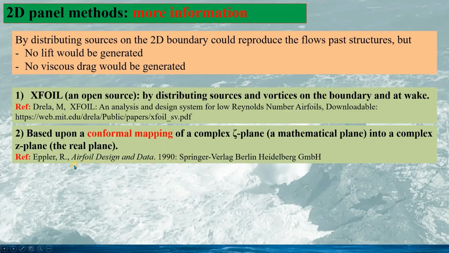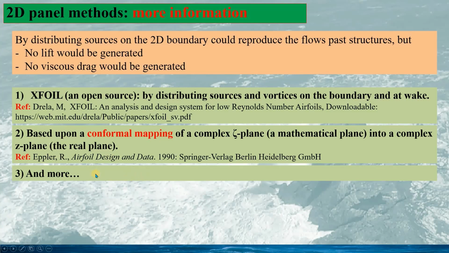A different way was developed by R. Eppler in his book Airfoil Design and Data, published in the 1990s, which is a method based on a conformal mapping of a complex zeta plane, which is a mathematical plane, into a complex z plane, which is a real plane. And we can find more different methods for dealing with the 2D panel method.